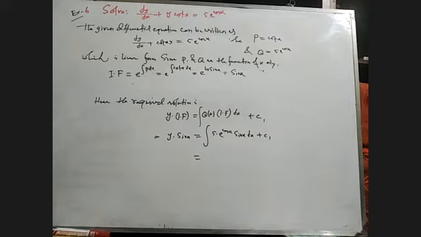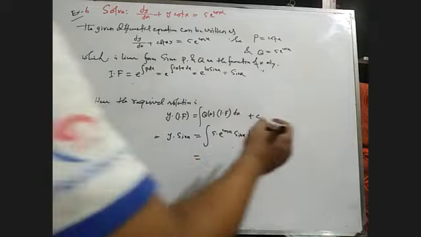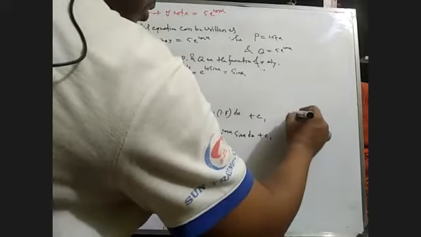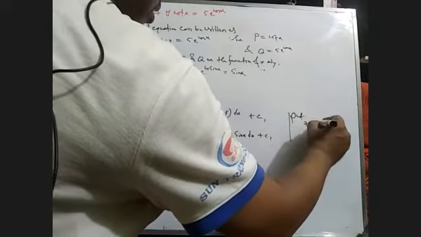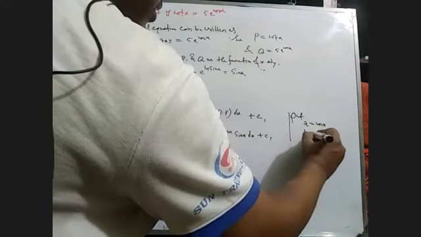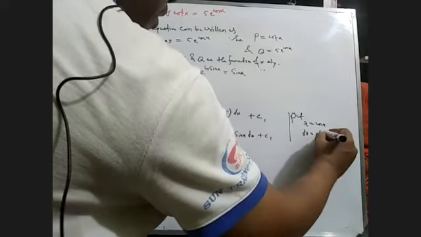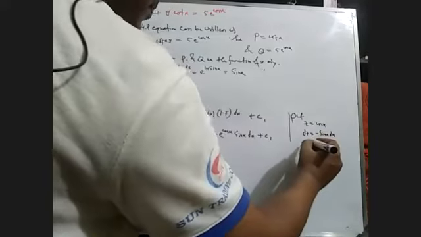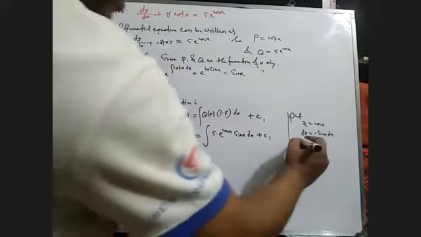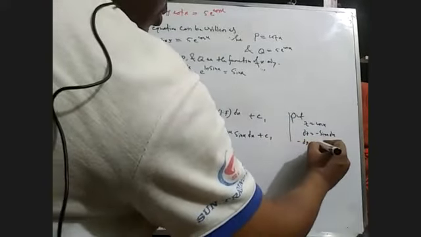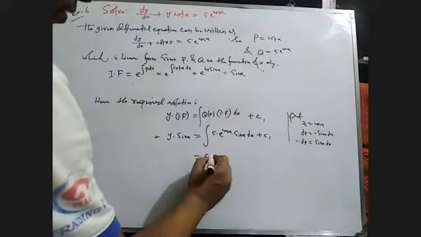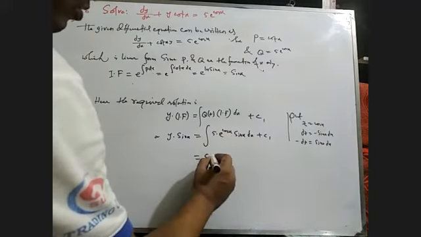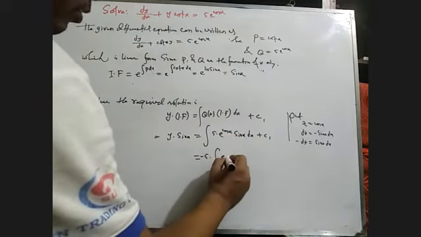Suppose put z equals to what? Cos x. So dz what will be? Minus sin x dx. So minus dz equals to what will be? Sin x dx.